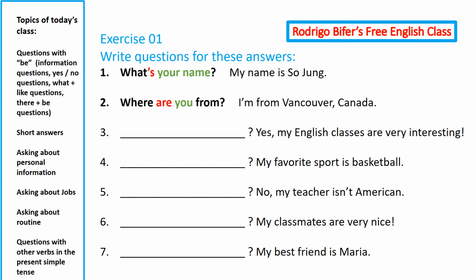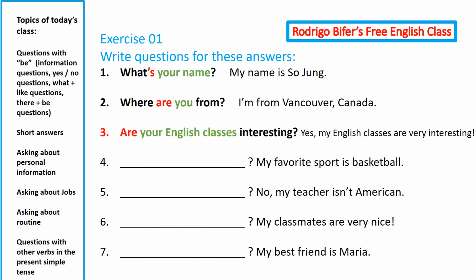options, yes or no. Okay, so the best way, I think, of asking a question here is: are your English classes interesting? Okay, so your English classes, this part highlighted in green, is the subject.